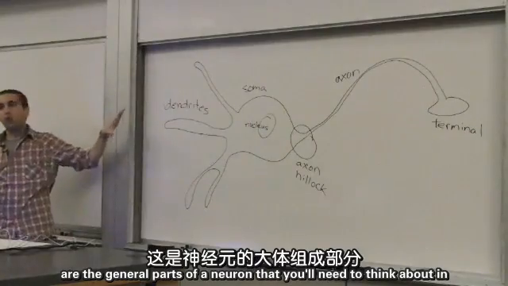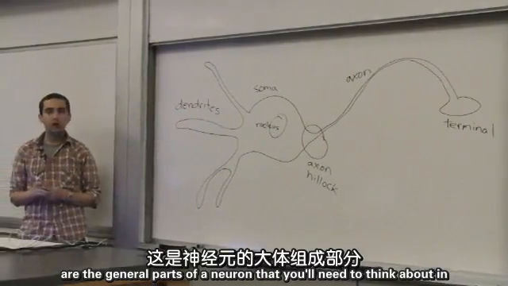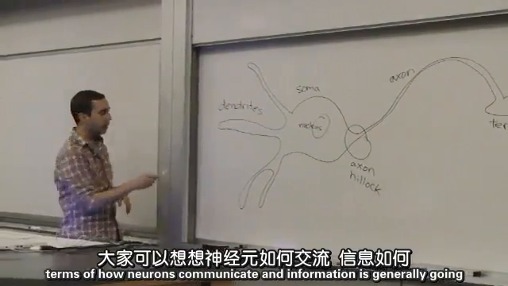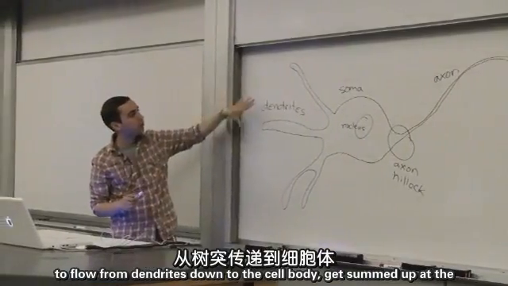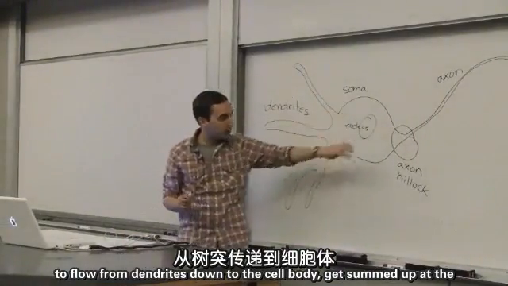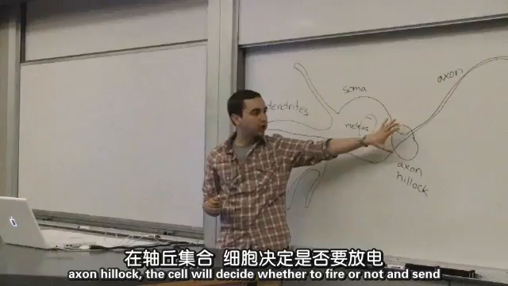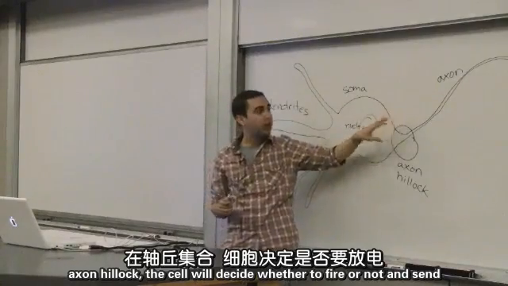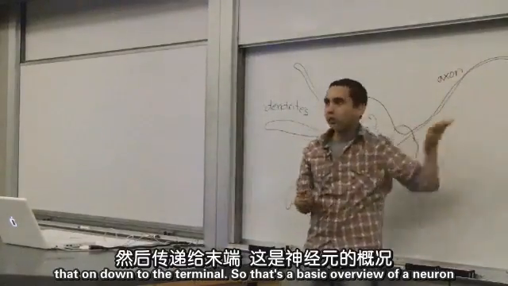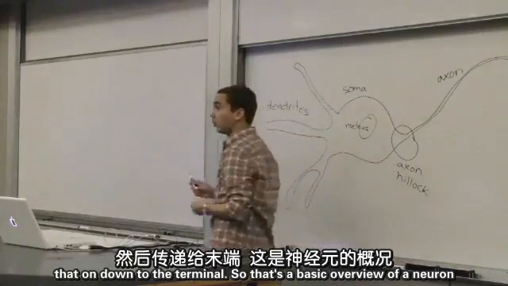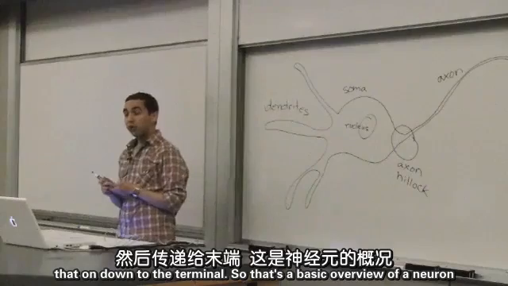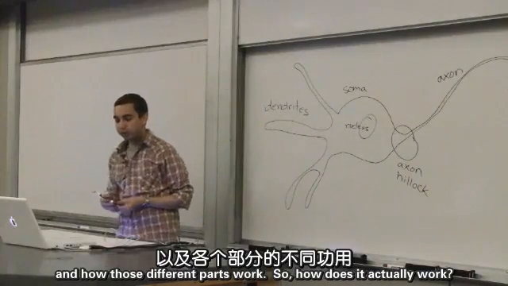So these are the general parts of a neuron that you'll need to think about in terms of how neurons communicate. And information is generally going to flow from dendrites down to the cell body, get summed up at the axon hillock. The cell will decide whether to fire or not, and send that on down to the terminal. So that's a basic overview of a neuron and how those different parts work.